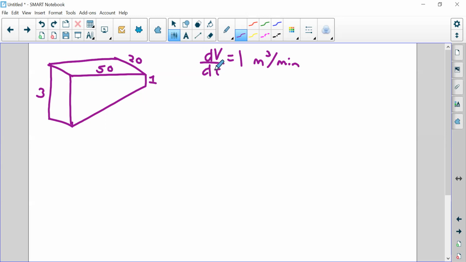Okay, so I need to identify some variables on here. So let's say we'll let W equal the depth of the water in meters. And then think about this.